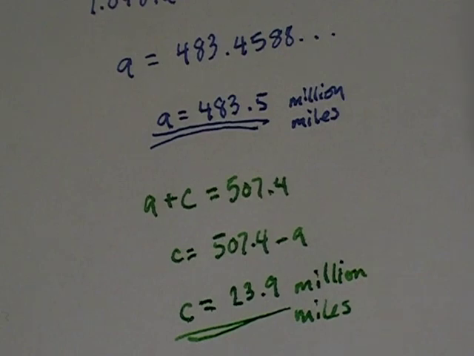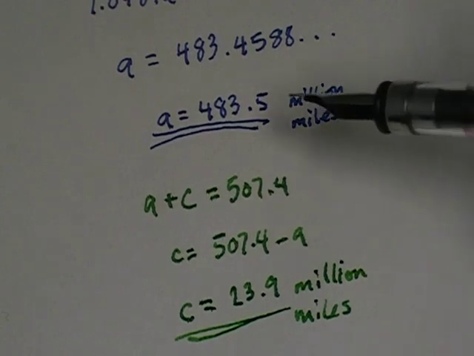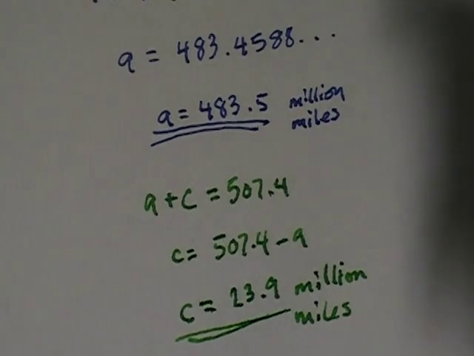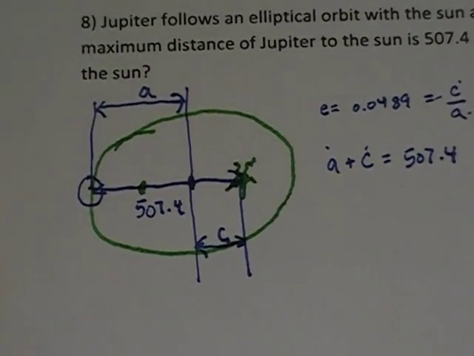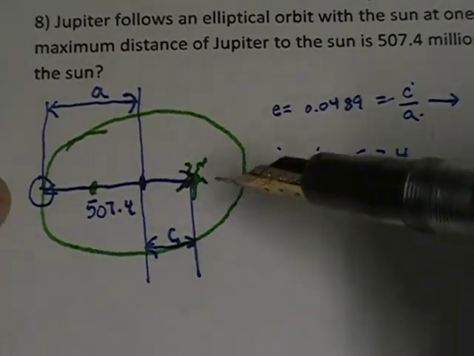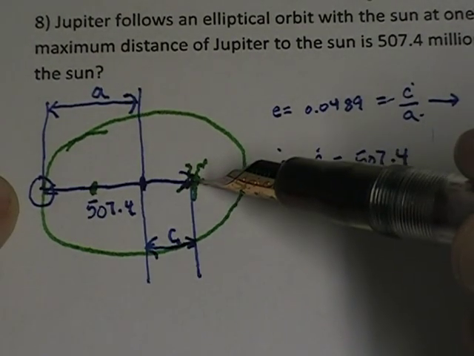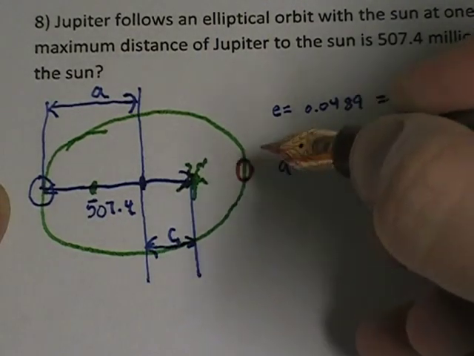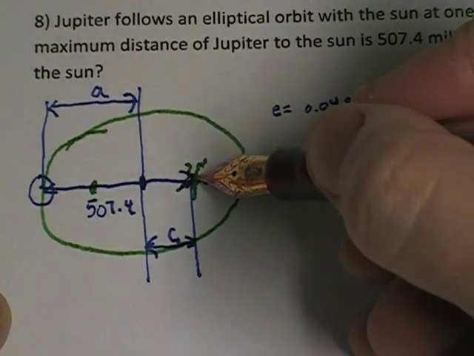Now, we've got A, we've got C. Let's go back to our drawing. We'll come back to these numbers in a second. We're going to need them in a second. They asked me, this is the maximum distance from Jupiter to the Sun. Here's Jupiter.